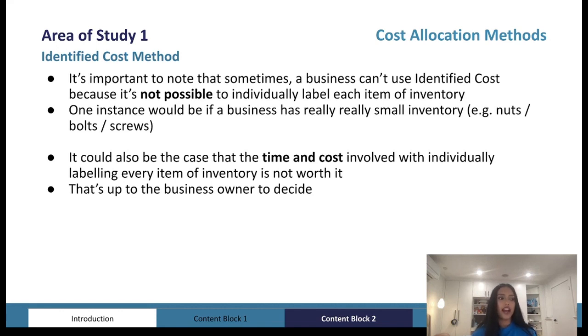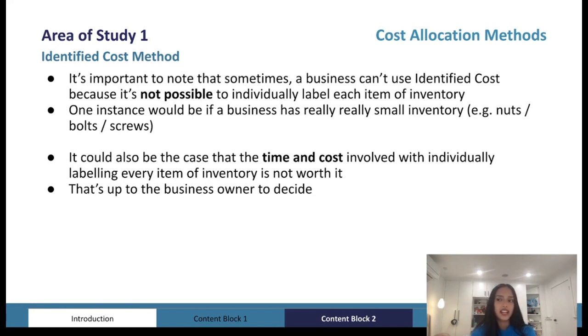And the business might decide that the time and cost of paying that employee to label these inventory items could be put into other areas of the business, or that employee could be doing something much more beneficial instead of sitting there for 7 hours just adding tags and labels onto inventory. And so the business owner makes the executive decision that it's just not worth it to use identified cost.